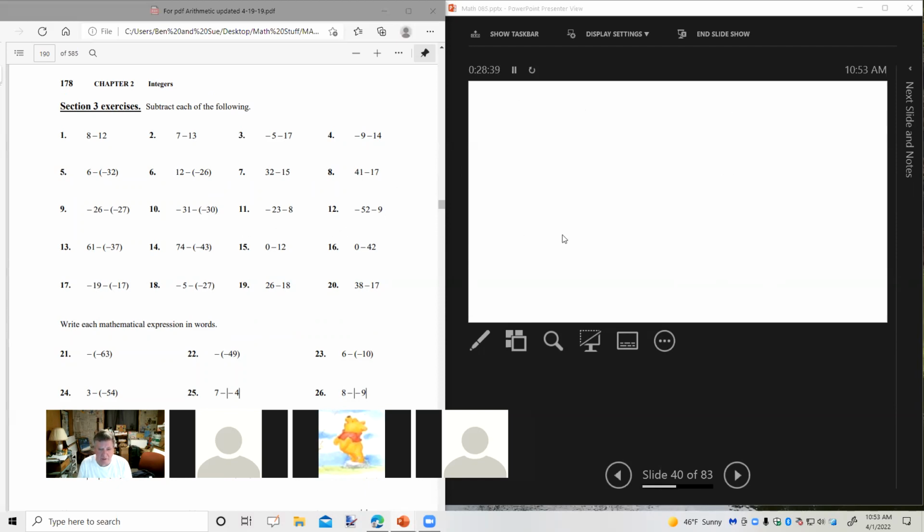Okay, let's take a look at number 10. Negative 31 minus negative 30. I'm going to change subtraction to addition of the opposite. So subtracting the negative 30 becomes adding a positive 30.